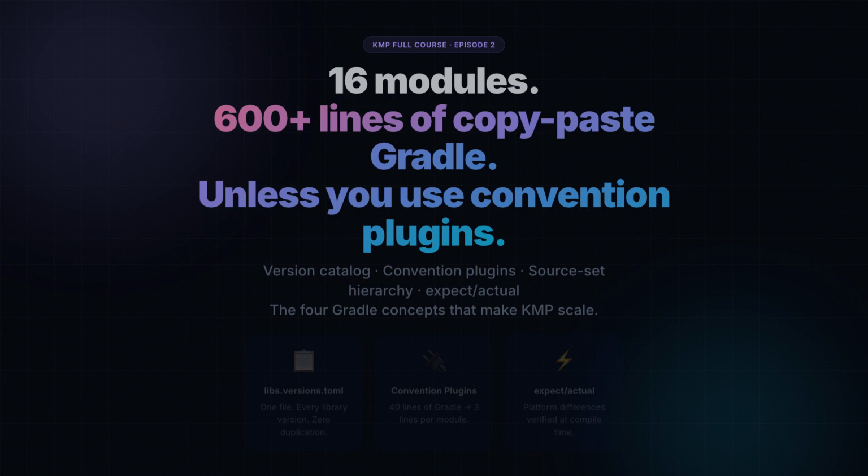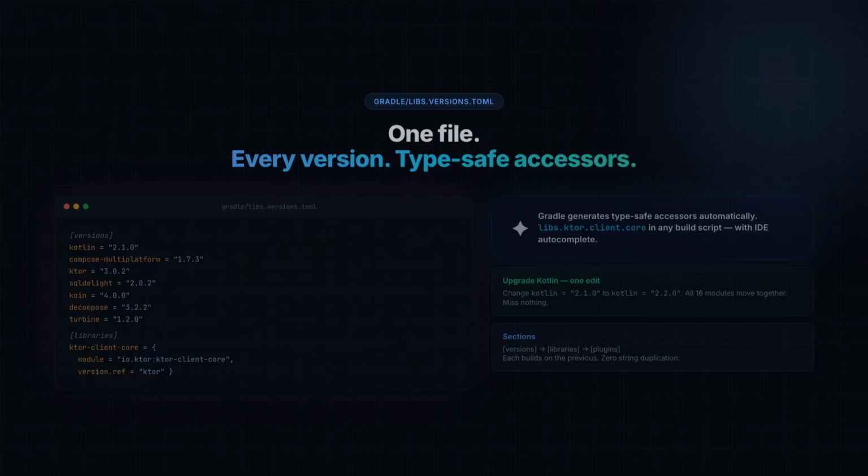This episode covers convention plugins, version catalog, source set hierarchy, and the expect actual mechanism, the 4 Gradle concepts that make this project possible. Open gradle/libs.versions.toml. The versions block at the top is the single source of truth for every library version in the project.